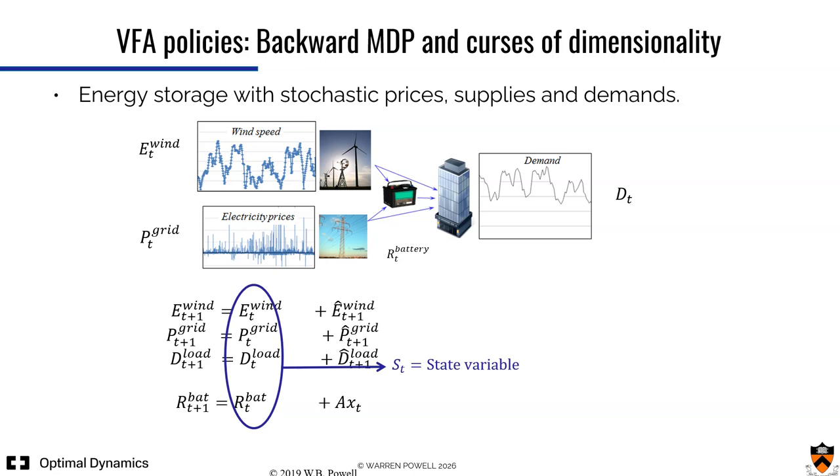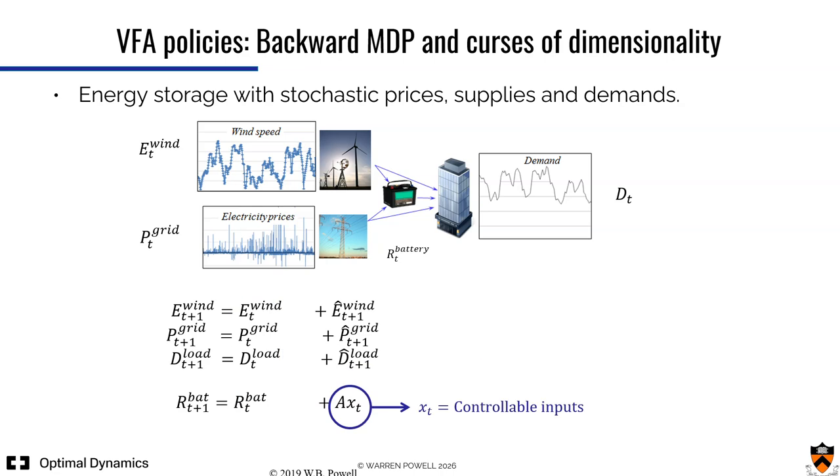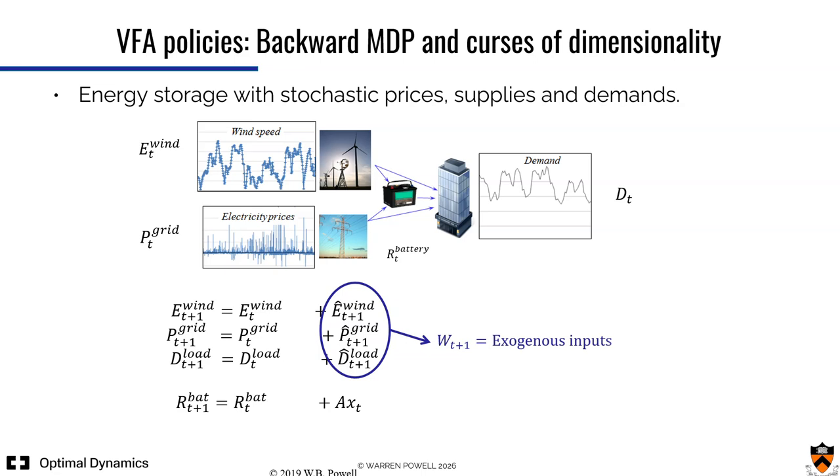I'm going to have 4 state variables. The current level of wind that evolves according to some stochastic process, the price of the grid, the demand in the building. Now, the R variable, that's how much energy I have stored in the battery, and that's an inventory problem, which does depend on X. So that's a controllable system, and everything else is just some exogenous random input.